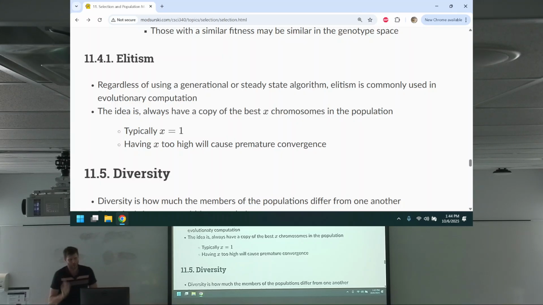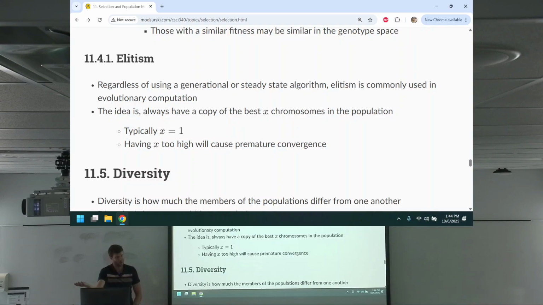Now, remember, be careful not to think of diversity and effectiveness as mutually exclusive things. They really are two different dimensions. You can have things that are diverse and really good too, but the value of diversity in a population is really important. Super important. Otherwise, you converge too quickly and you won't find reasonably good solutions.